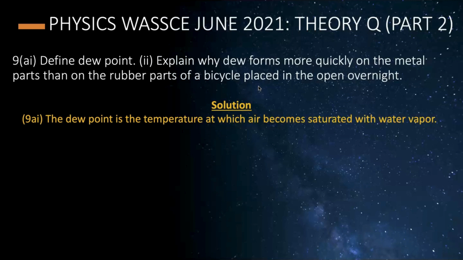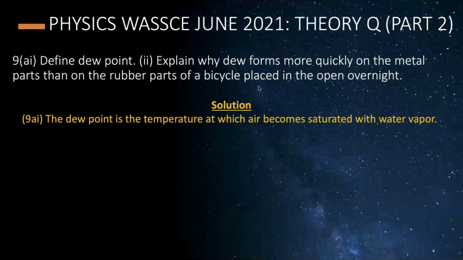Like I was saying, you can go further to talk about other things about it, like, it represents the temperature at which the air must be cooled at constant pressure to reach the saturation needed for dew to form.